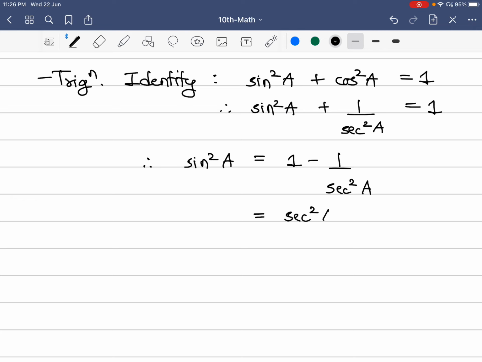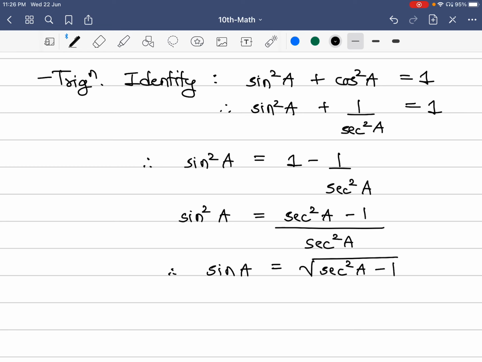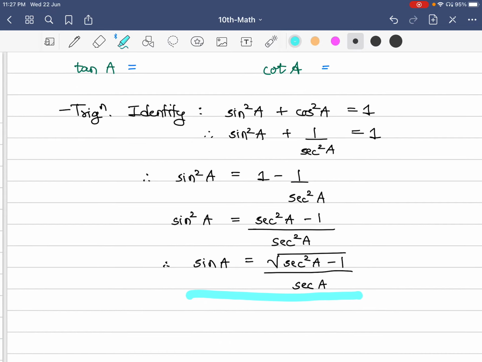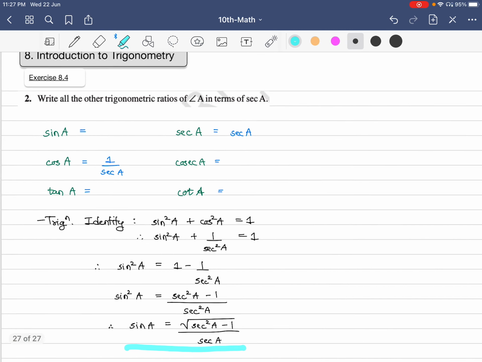This is sec square A minus 1 the whole upon sec square A. This is our left hand side, which is sine square A. Now taking square root on both the sides, we have sine of A as equal to under root of sec square A minus 1, the whole upon, in denominator we have sec square A, so square root of sec square A will be just sec of A. So this becomes sine A expressed in terms of sec of A.